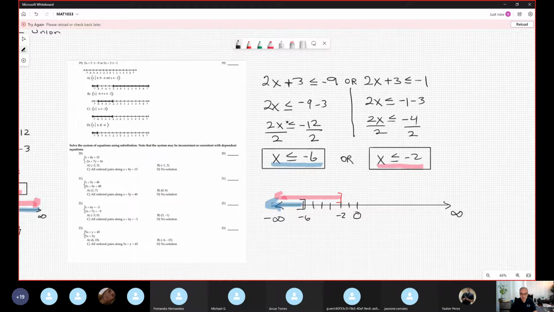Therefore, this is equivalent to saying x such that, this is the typical format to write the final answer, x less than or equal to minus 2 only, no? Because the blue is completely inside the red. Now the union is the red. Makes sense or no?